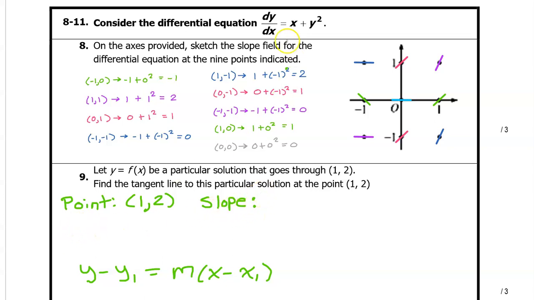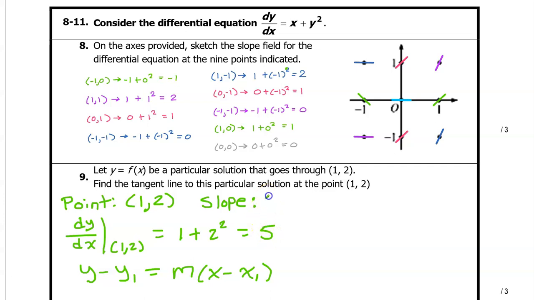We can find the slope using the first derivative. So we just need to evaluate dy/dx at the point (1, 2). So that's just going to be 1 plus 2 squared. That's 1 plus 4, so that is 5.